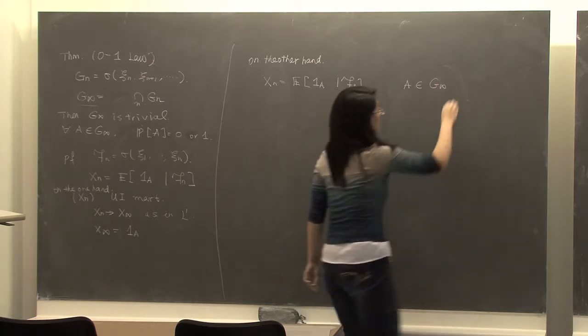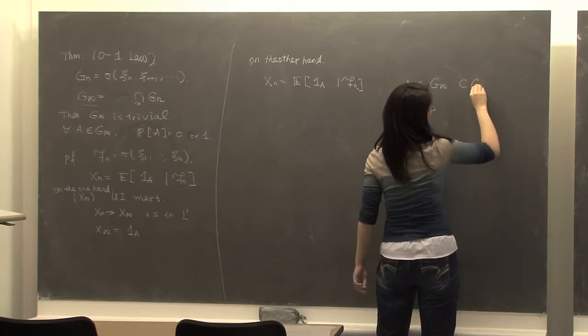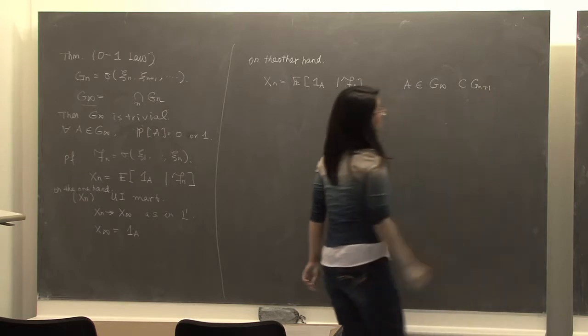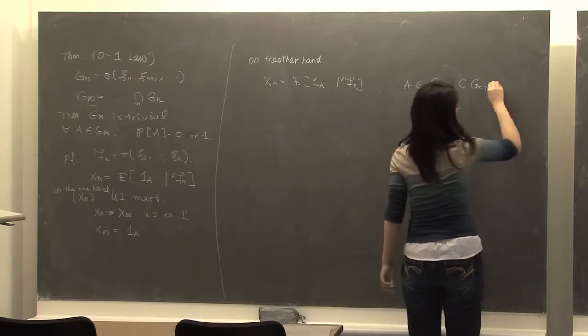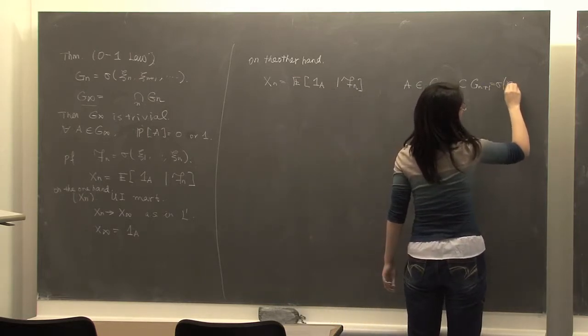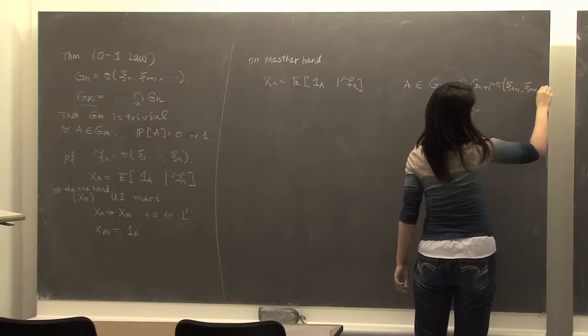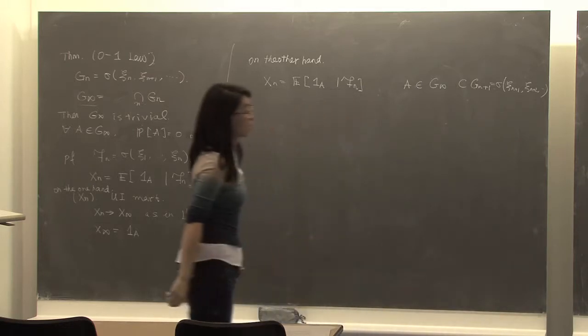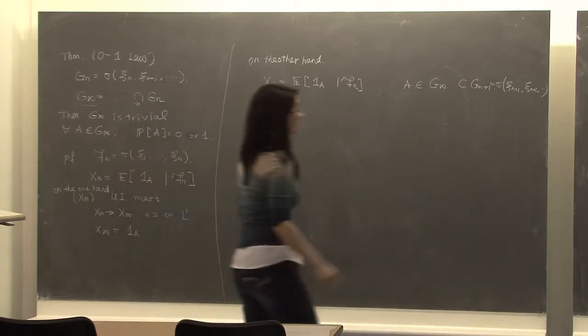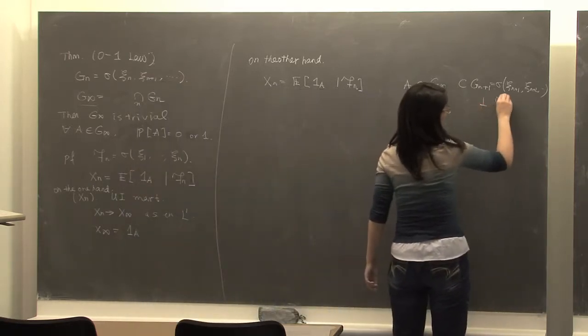So G infinity is contained in G_{n+1}, and G_{n+1} is all the information of random variables after time n plus 1. So this G_{n+1} is independent of Fn.